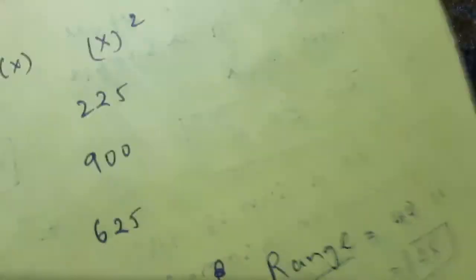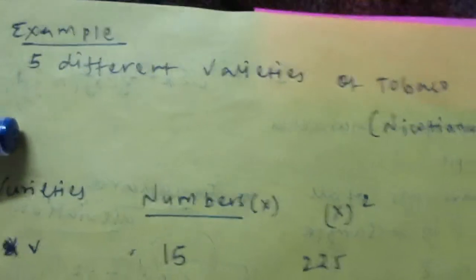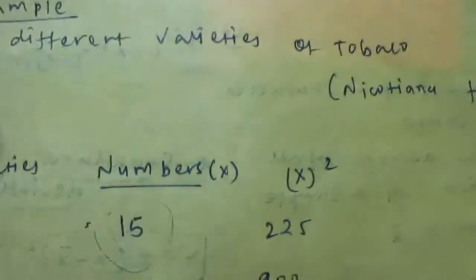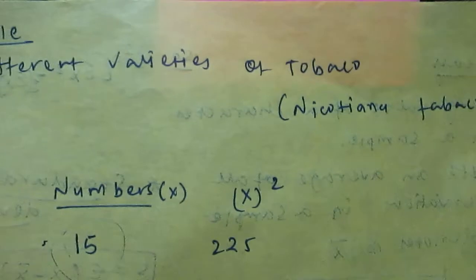Here the problem is given: 5 different varieties of tobacco, Nicotiana tabacum, are taken.